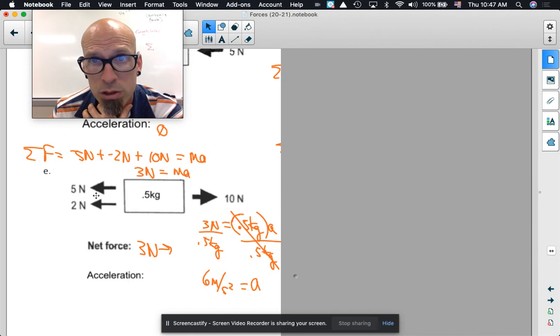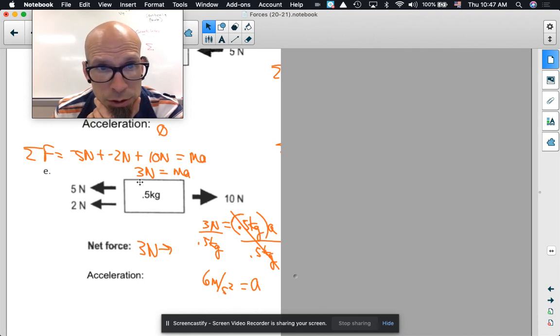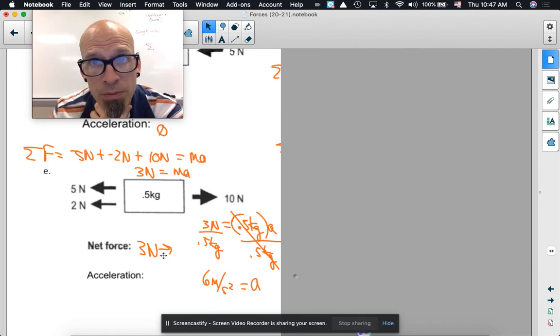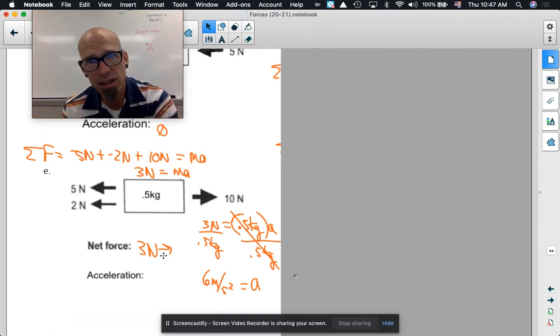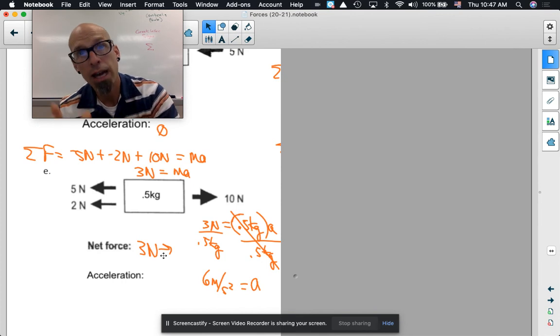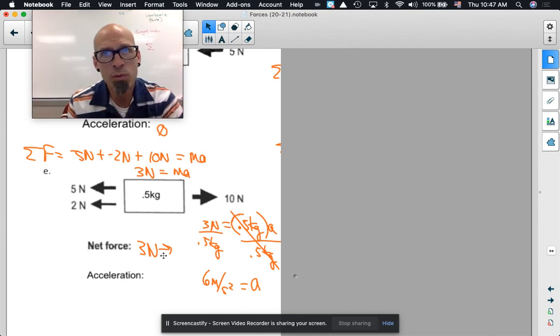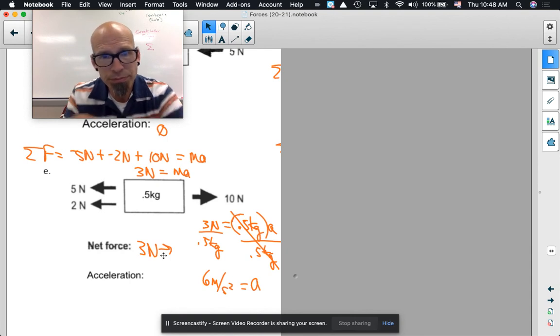So we have 2 different forces to the left, both of them negative, and then we have 10 to the right, which is positive. What's the sum of all of that? 3 newtons to the right. That's the net force. The end result of having 5 to the left and 2 to the left and then 10 to the right is that we get 3 newtons worth of force to the right.